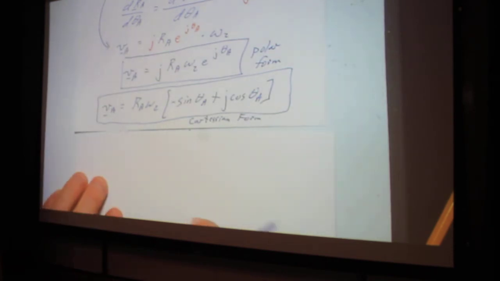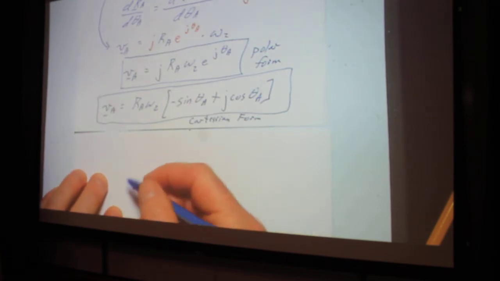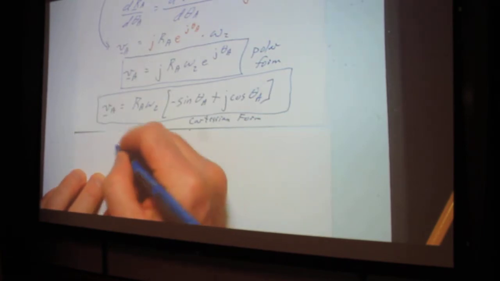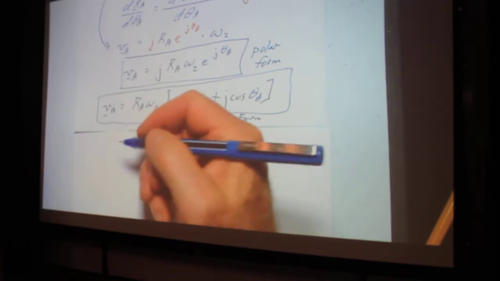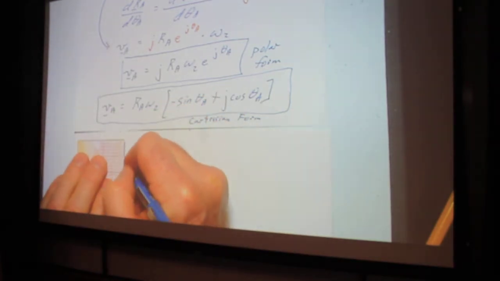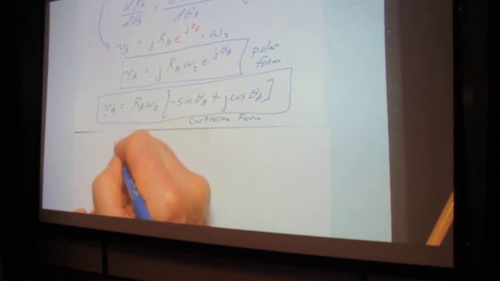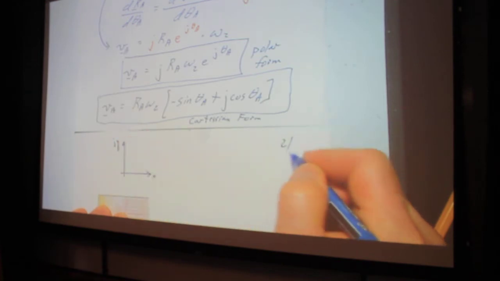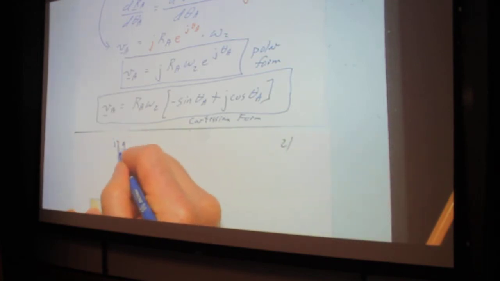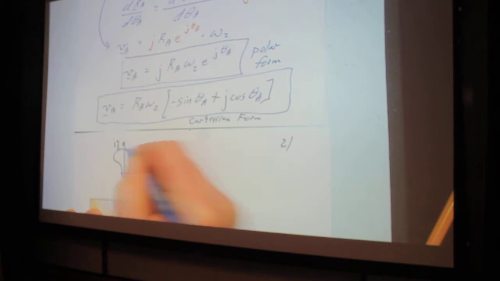Let's talk about this omega. If I draw my coordinate system again quickly, x here, jy here, and I have my little kidney bean rotating about the ground here.